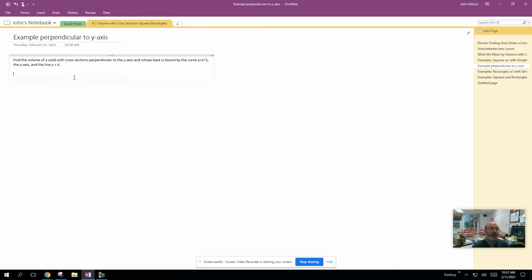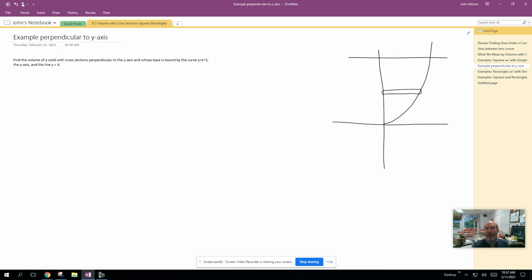If we look at that, here's the curve y equals x squared. This time we're looking for cross sections perpendicular to the y-axis. And the line y equals 4 is our boundary. Now, the other day we talked about integrating with respect to y, and how it's easier if we can solve our equations for x and orient it where it's on a horizontal axis like we usually do.